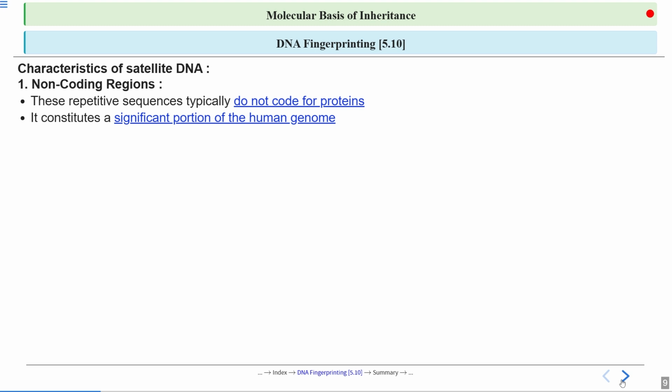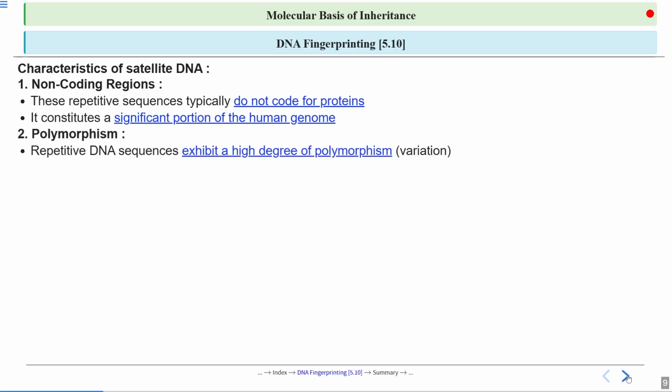So you can think how small an amount codes for protein, while these repeated sequences constitute a significant proportion of the human genome but do not code for protein.